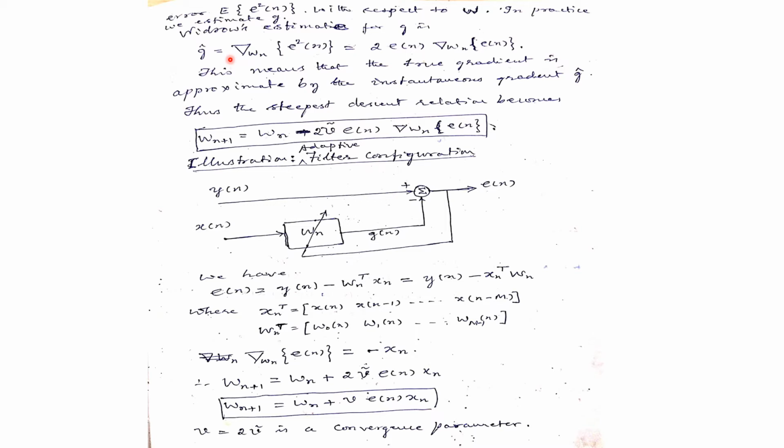The gradient of the square of the error signal is approximated to be equal to 2 times the error signal multiplied by the gradient of the error signal. This is the approximation which has been incorporated.